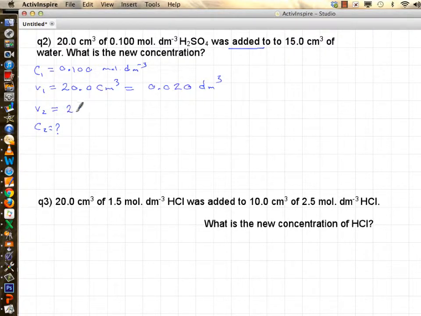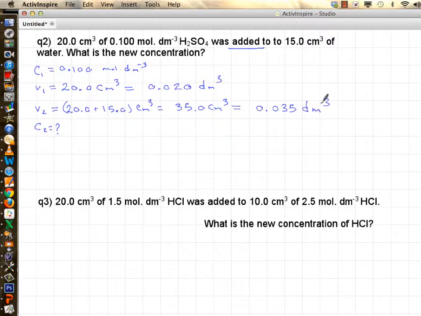So it's 20 plus 15. This is the place that usually we make a mistake. Centimeter cube. So it's 35 centimeter cube. Take 3 decimal places to the left, so it's 0.035 decimeter cube.